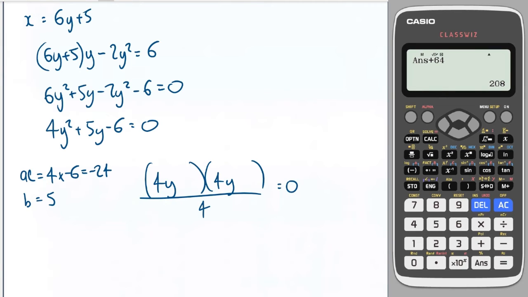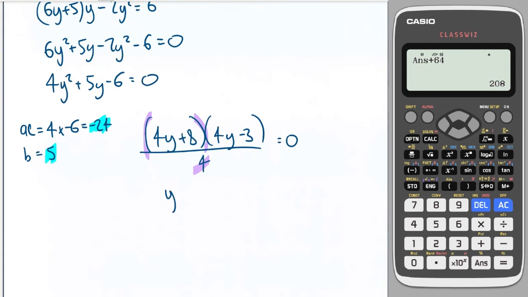Okay, and now comes the hard part. All we need to do is find two numbers that multiply to make this and add to make that. And those two numbers are positive 8 and negative 3. That does the job. Okay, now we need to just do a little bit of simplifying. This left bracket here has a factor of 4, which is going to cancel with the divide by 4 on the bottom.